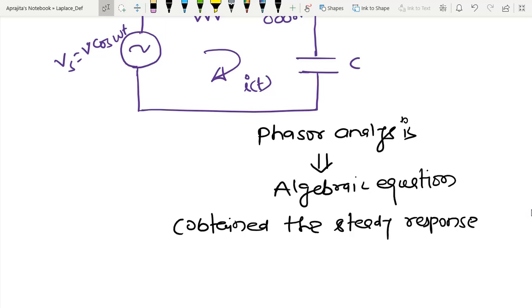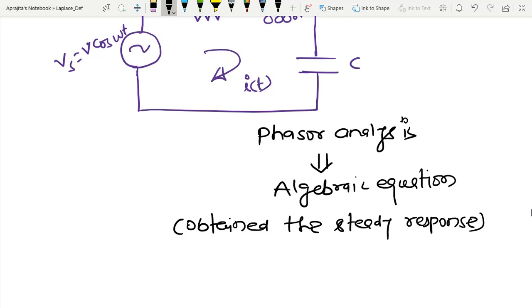So somehow I am compromising, and we are saying that I am not interested in the transient response, but by phasor analysis I will convert the differential equation into an algebraic equation, and after that, using Ohm's law in the frequency domain, I can obtain the steady state response.